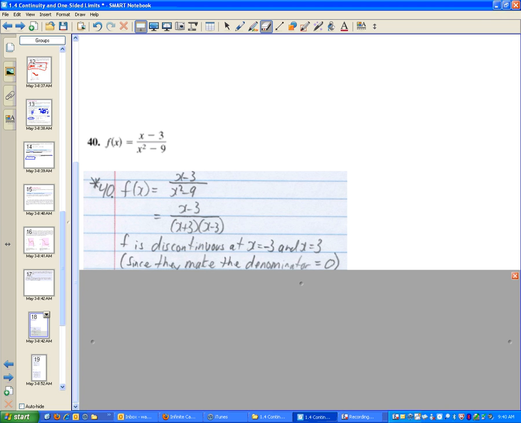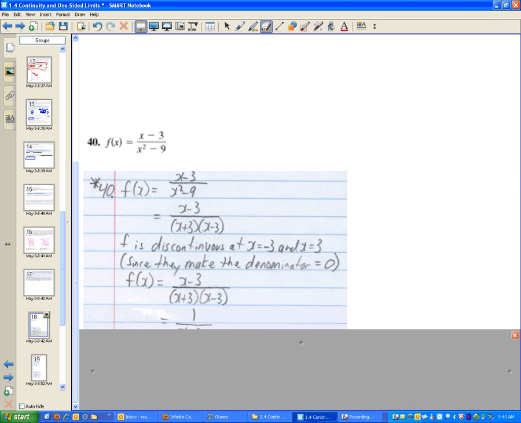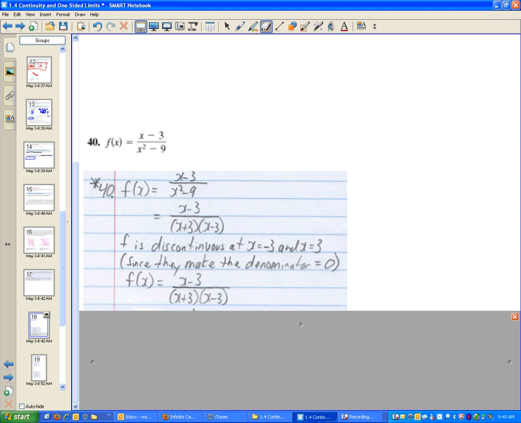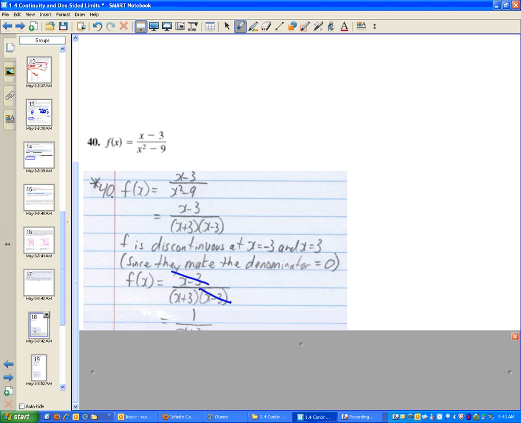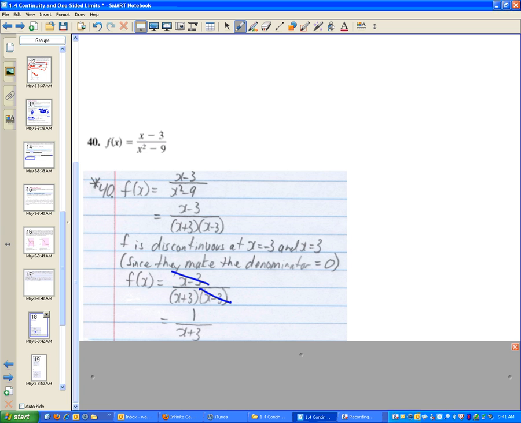But then the second question is, which of the discontinuities are removable? Well, okay. So we're sitting here like this, right? Can I remove a discontinuity? Divide those two factors out, and now we have a function that agrees with the original function at all but one point. And this function is only discontinuous at -3.